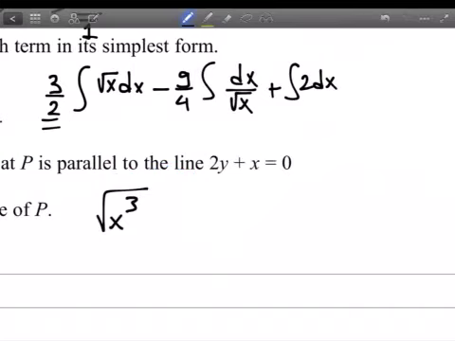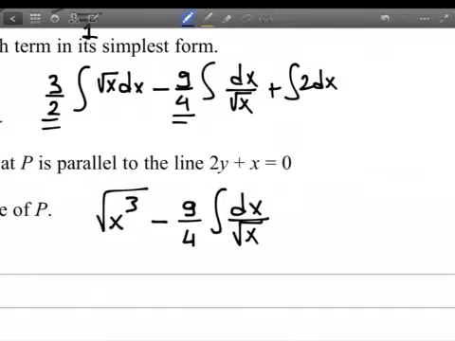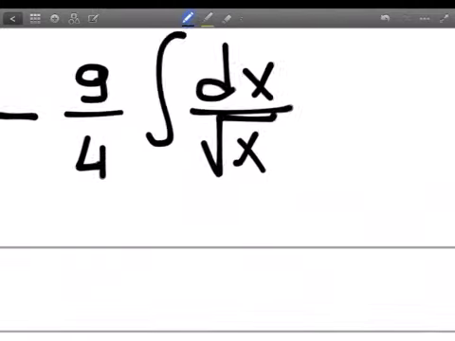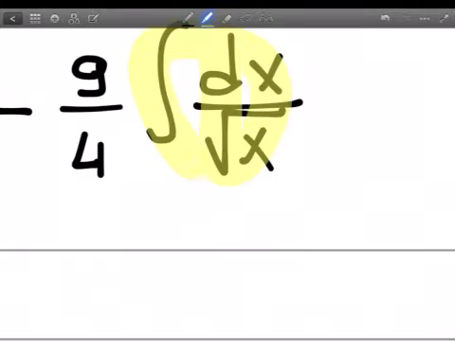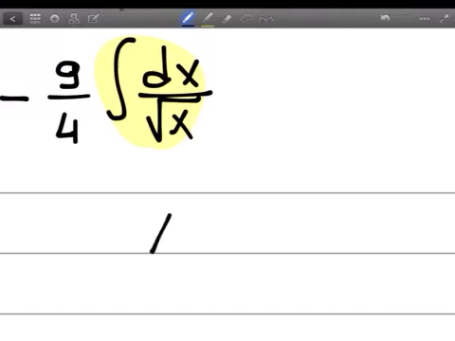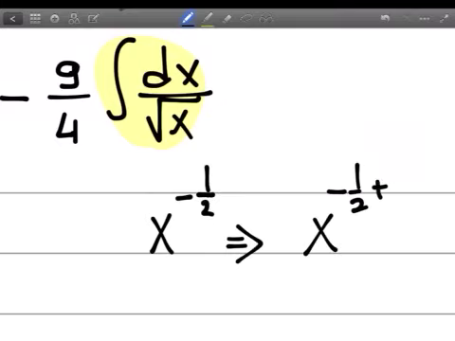And the second part, we have a constant here, 9 over 4, and we have the integral dx over square root of x. How can we find the integral of this one? We can write it as x to the power of 1 minus 1 over 2, and the integral of this is adding 1 and dividing by the power.